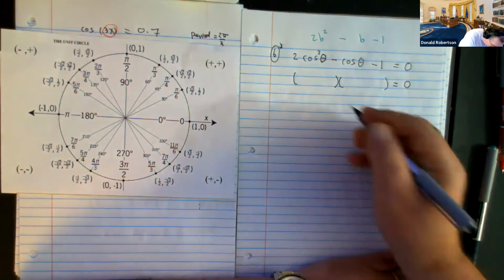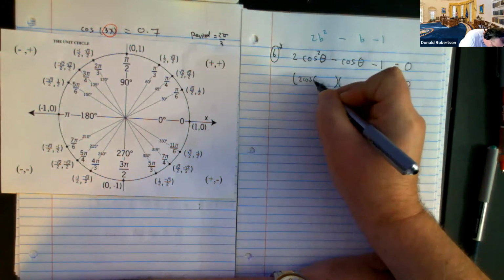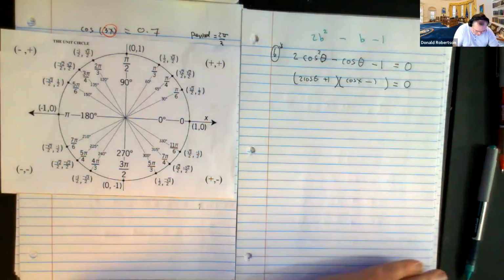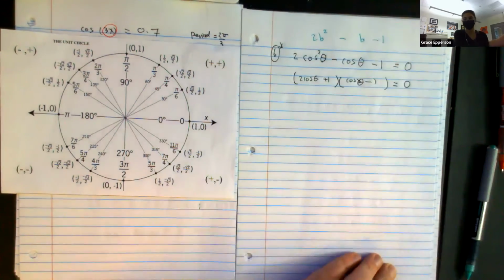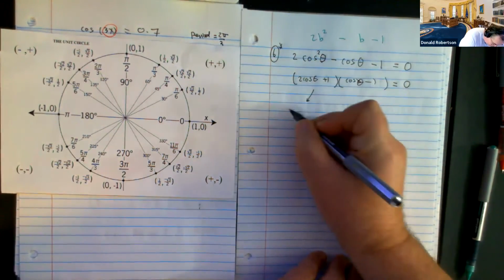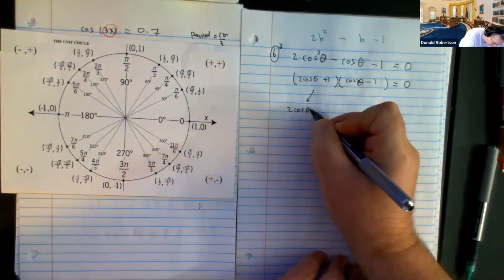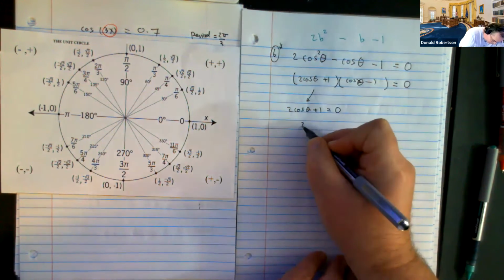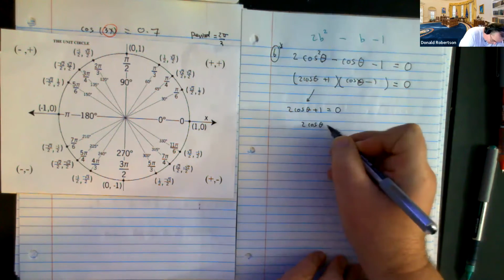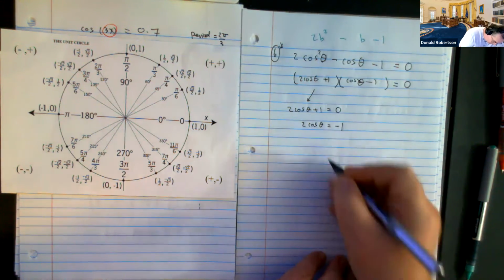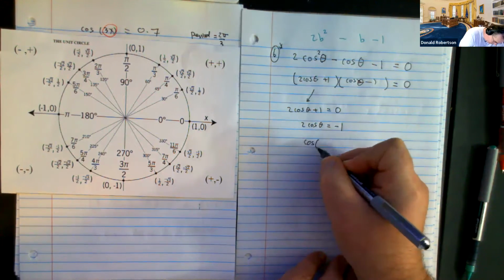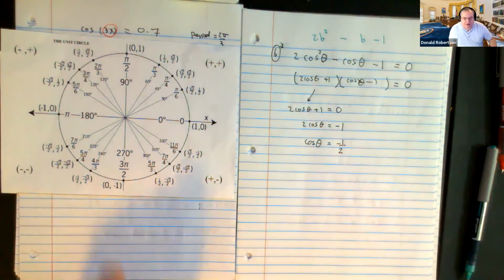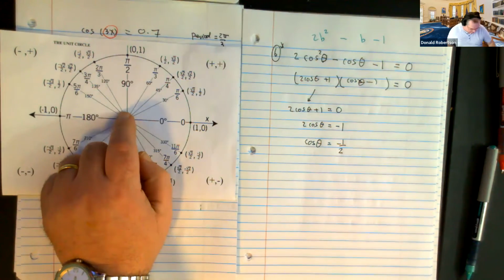Isn't it 2 cosine x plus 1 and then cosine x minus 1? Yeah, there we go. You're right. And from the first factor, we are looking for values that make this 0, which means that we're looking for when is the 2 cosine of theta plus 1 equal to 0, which in turn, we are looking for when is the cosine negative a half, and these answers are in the unit circle.